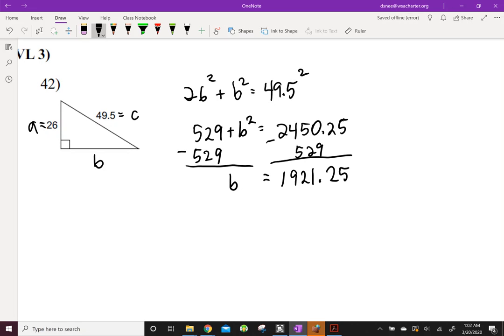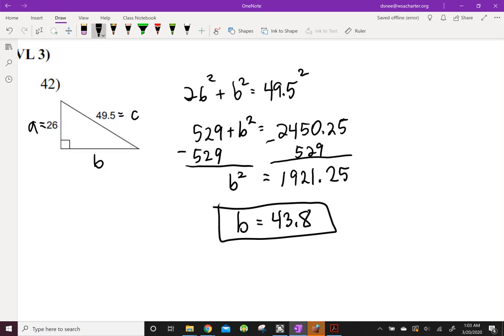And that's super cool. The square root of 1,921.25 equals 43.83. B equals 43 point, and the 3 tells that 8 to stay the same.